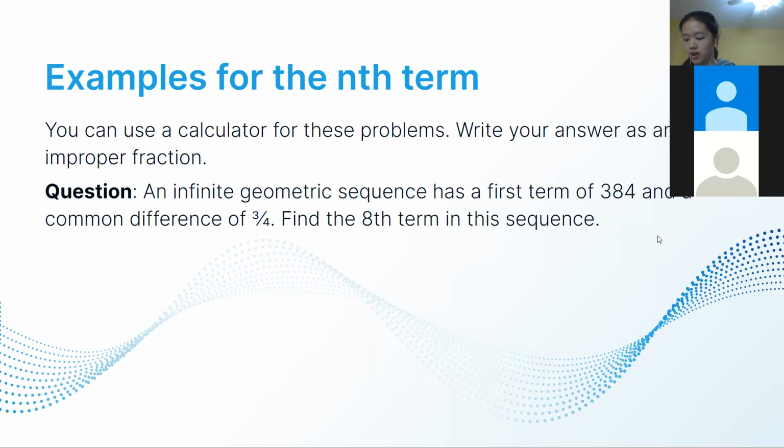And if you don't have an exponent button, on some calculators it looks like this. It's just an upside down V. So just see if you have that button. Does everyone have a calculator? Because if you do, then you should be able to answer this.